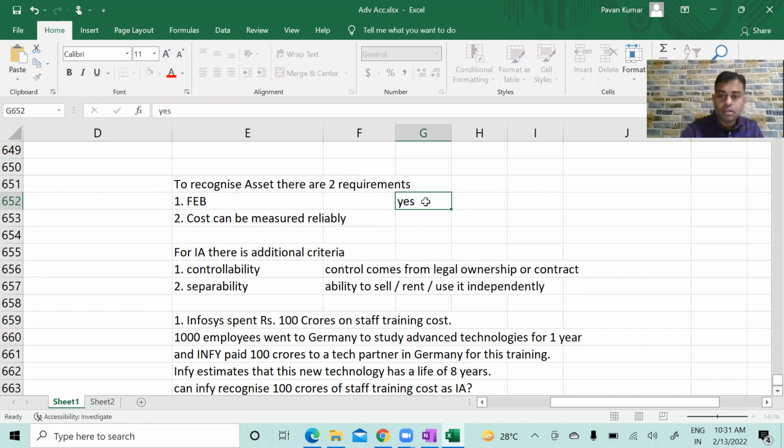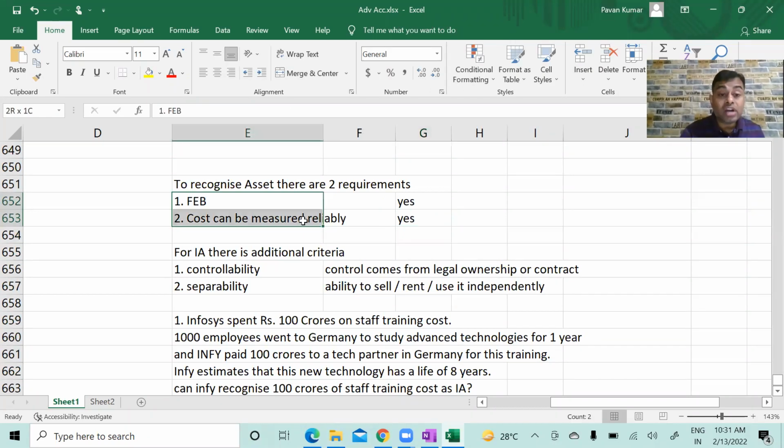Whether the cost you have incurred can be measured reliably? Yes. So these two conditions are satisfied. These two conditions are enough in case of PPE. But if it is an intangible asset, additional criteria is there. Controllability.